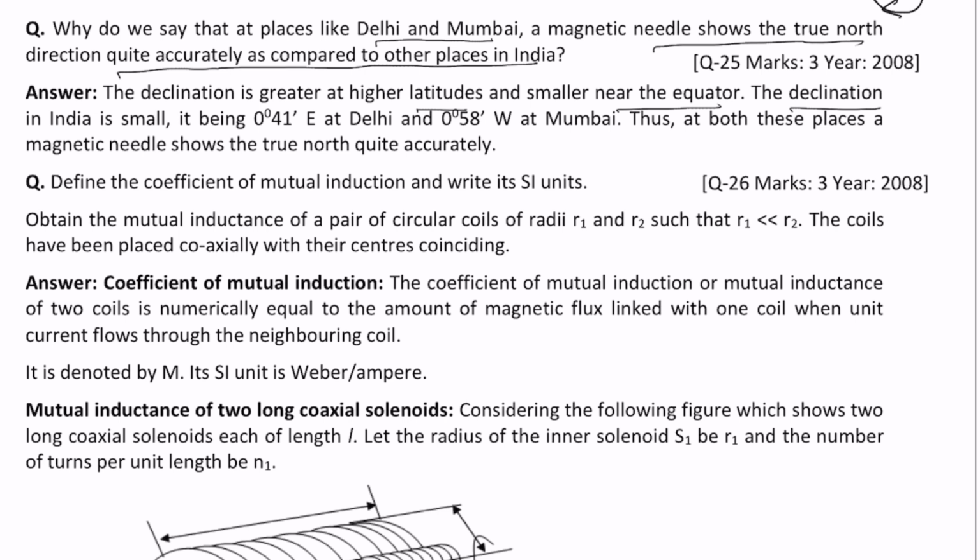The declination in India is small, it being 0 degree 41 minute east at Delhi and 0 degree 58 minute west at Mumbai. Thus, at both these places, a magnetic needle shows the true north quite accurately. Okay.